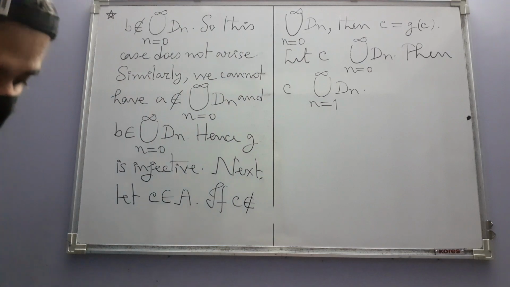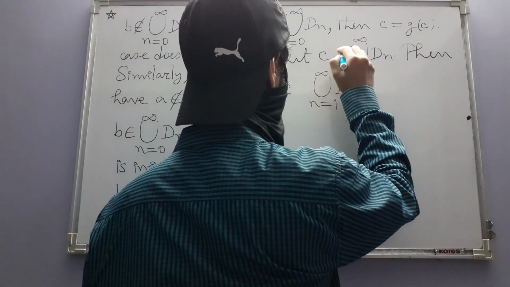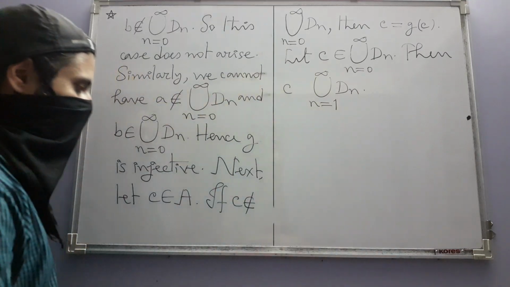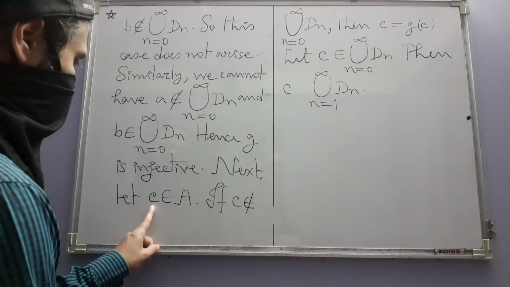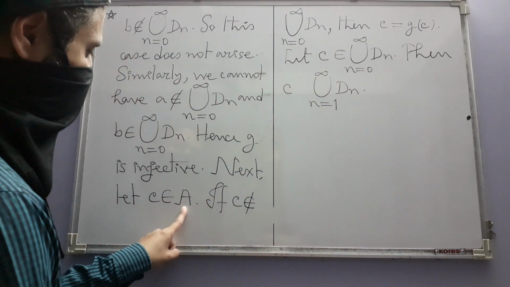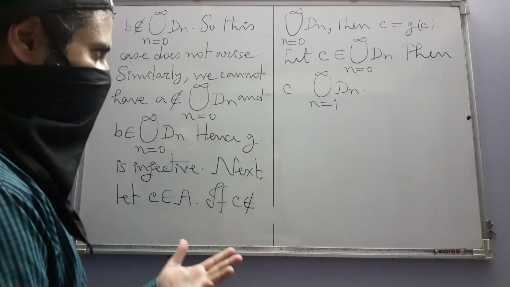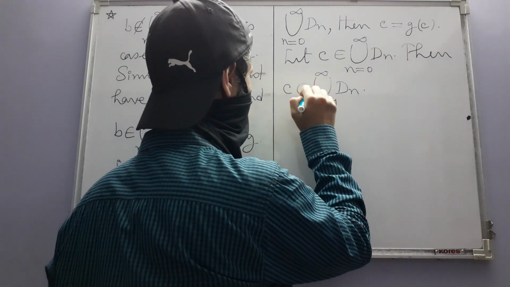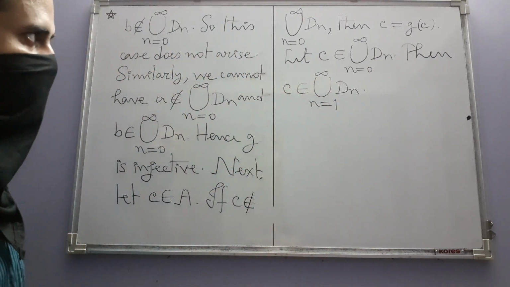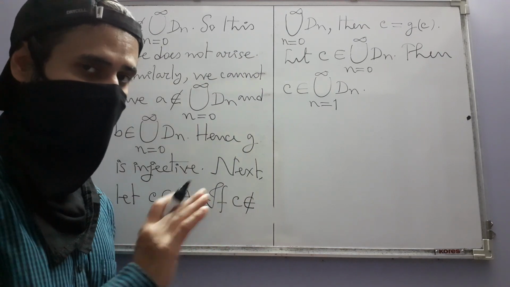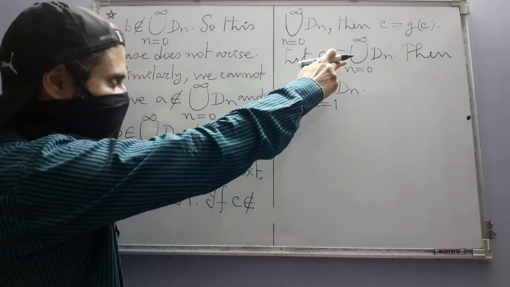Excuse me. I should have considered this instead. Now C belongs to A, and in particular C belongs to this union implies that C belongs to this union, because C being in A cannot be in D0. That part is still there, but I made the mistake there.